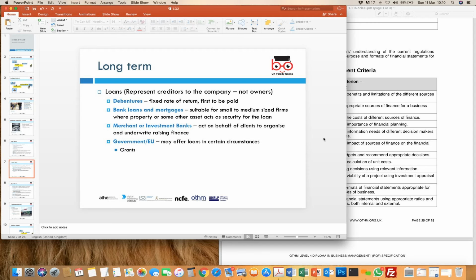Now, merchant and investment banks: here, some banks like Barclays Bank would also have a lot of investment in terms of pension funds, debentures, bonds, and people putting their savings deposits into some sort of fixed deposits.